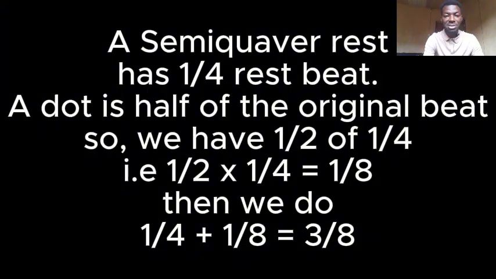So now when it is dotted, it means that we have to find half of the original beat. So half of 1/4, which is 1/2 times 1/4, will give us what, 1/8. So now the new beat we want to find is the semiquaver, which is 1/4, plus the dot, which is 1/8. That's 1/4 plus 1/8. Using our mathematics, LCM, that will give us 3/8.